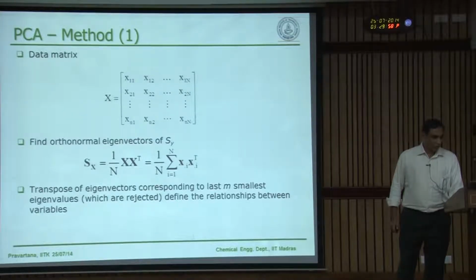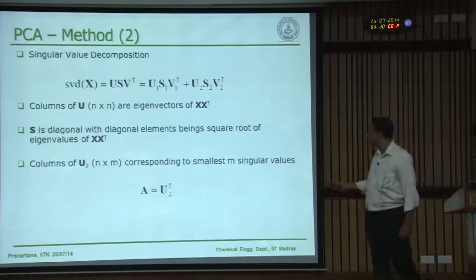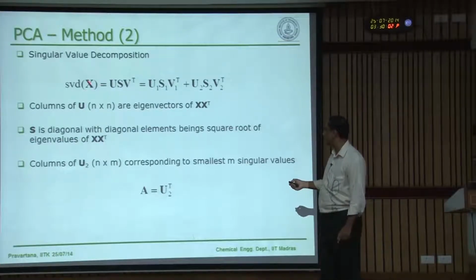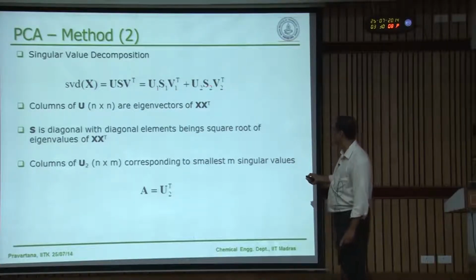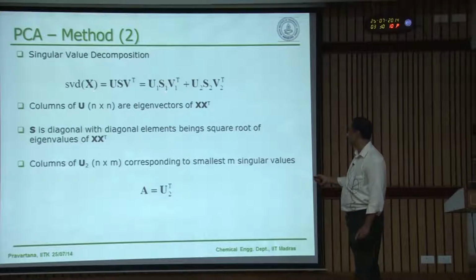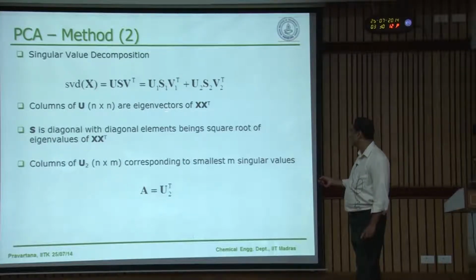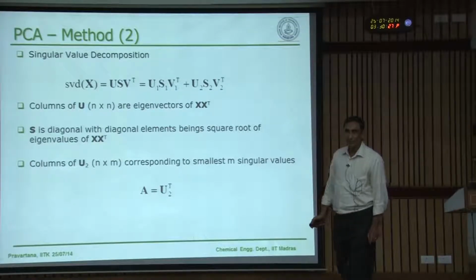Okay. So just to go back again, the way we do it is using what we call the singular value decomposition of this matrix X, which is split into two parts. S represents the singular values of X, or these are the square root of the eigenvalues of the covariance matrix X X transpose. These are the eigenvectors of X X transpose, columns of U, and what you want to take is the last m eigenvectors, and the transpose of this is your estimate of A. So that is what we are saying.